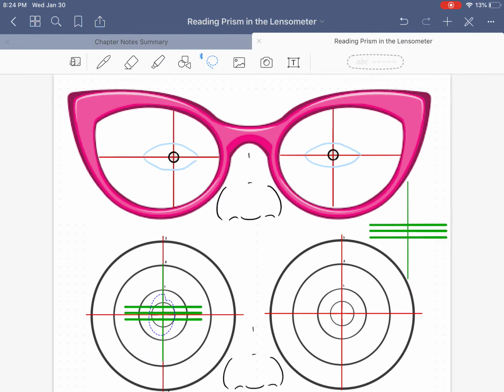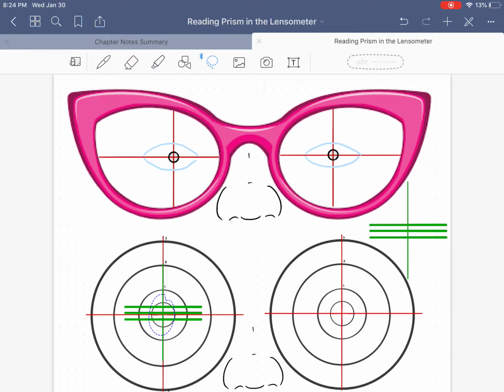Base in and out is dependent on which eye we're looking at. Remember, that was the whole trick to it, to figure out where the nose was. So if we're dealing with a right lens, the nose is on the right.